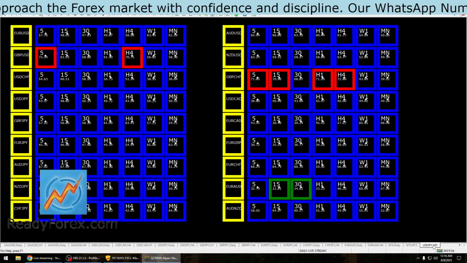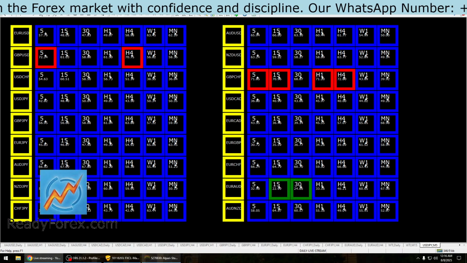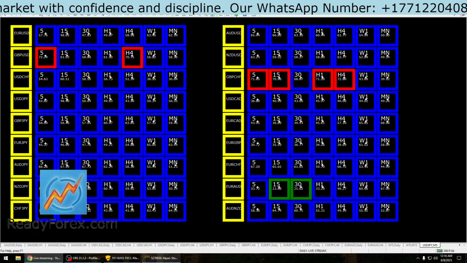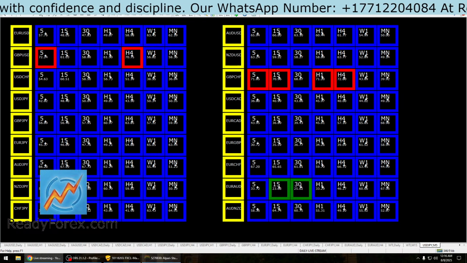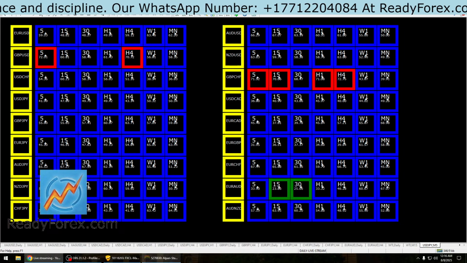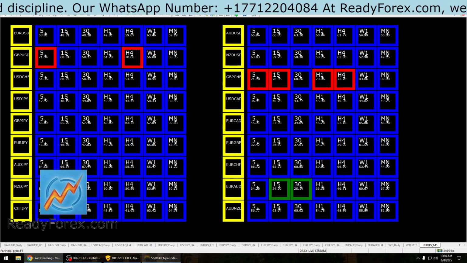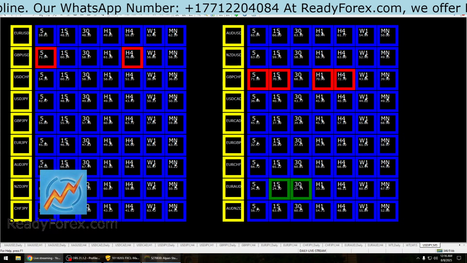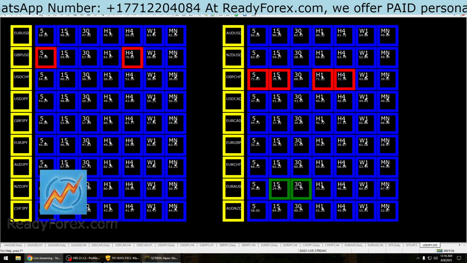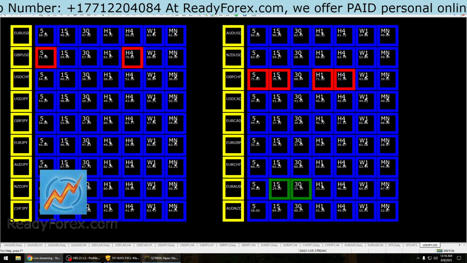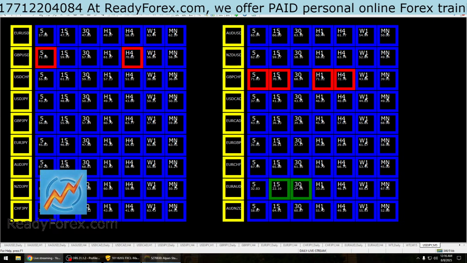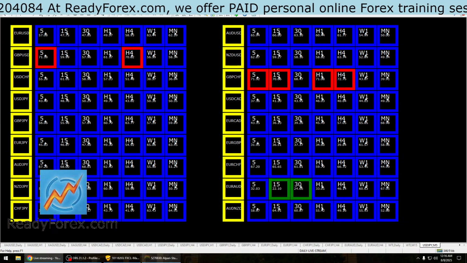Let's see what's going on. The GBPUSD is actually trying to rise up.